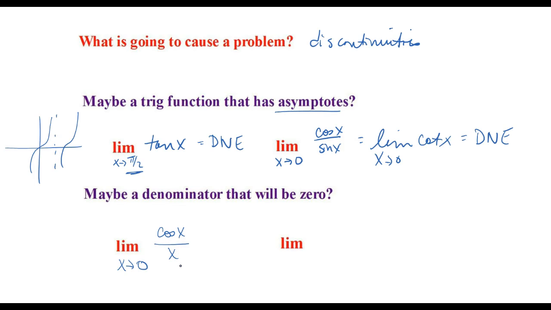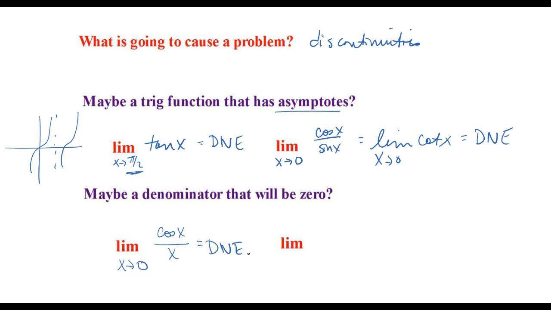And a 1 over a 0 means that it's also going to be a does not exist. Remember, if it's 0 over 0, you have to be careful, okay? So if you don't have that in your memory bank somewhere, be careful on 0 over 0. But if it's a number over 0, it's going to be does not exist, okay?